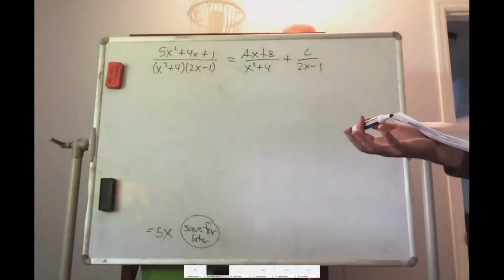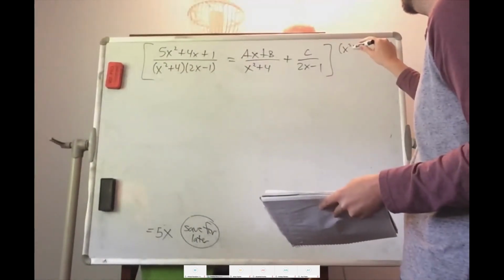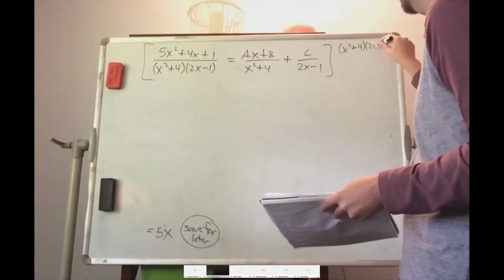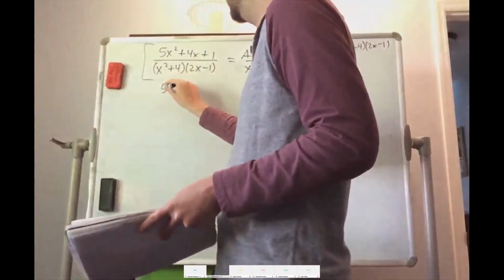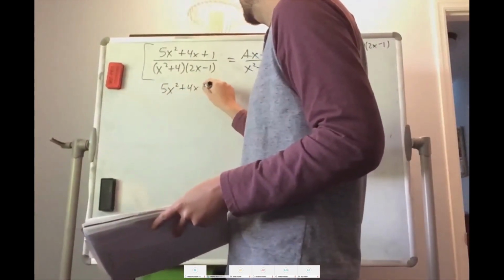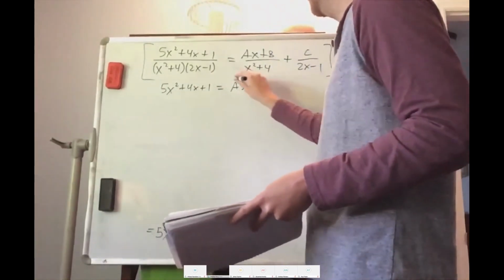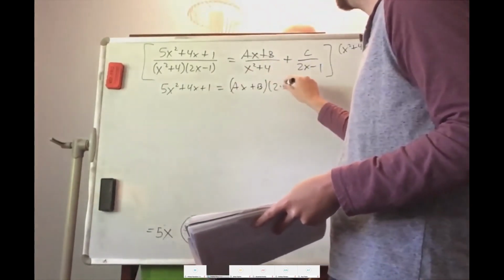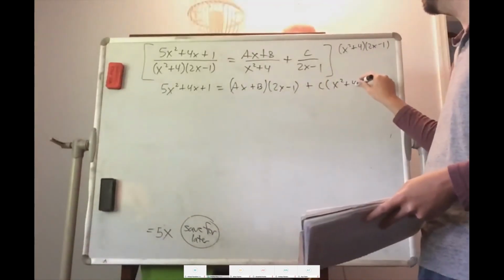Now we multiply through by the denominator, x squared plus 4 times 2x minus 1, and I get this. 5x squared plus 4x plus 1 equals ax plus b times 2x minus 1 plus c times x squared plus 4.